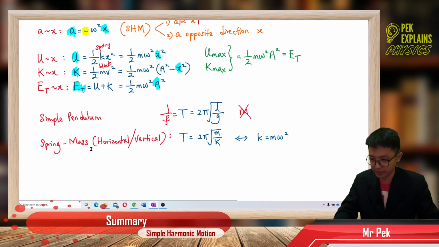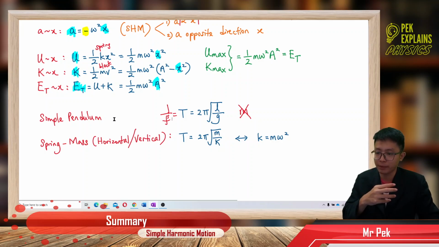About the spring mass system, no matter whether it's horizontal or vertical, to find the period we still use the same formula. Period equals 2 pi square root m over k. So the period of the spring mass system depends on the mass, not like the pendulum.